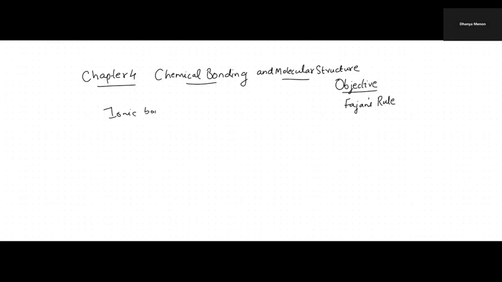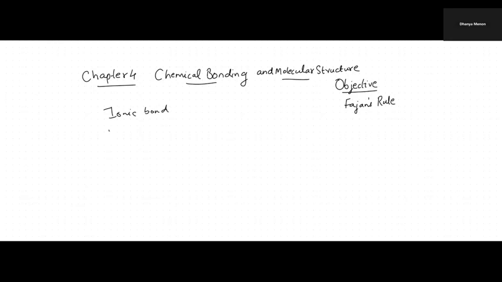There will be some amount of covalent character in this bond. Even if it's a covalent bond, there will be some amount of ionic character. So Fajans rule is to calculate the covalent character in ionic bond.